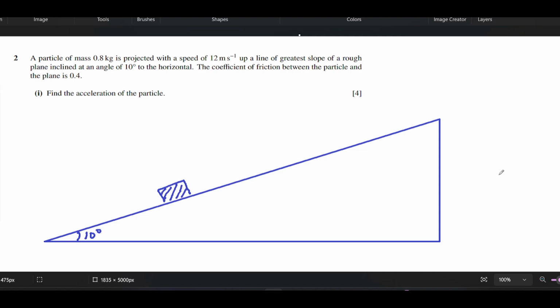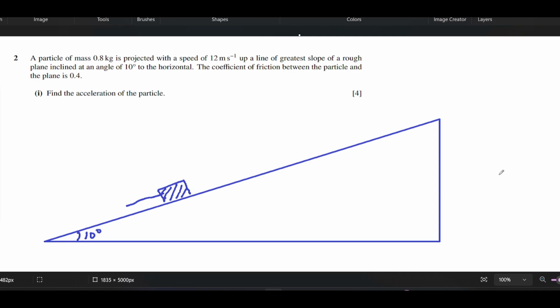The weight of the particle acts vertically downwards, but we don't show that because we're not interested in motion in the vertical plane. We are interested in motion along the slope. But we know that the weight of the particle acting vertically downward is resolved to give us two components.